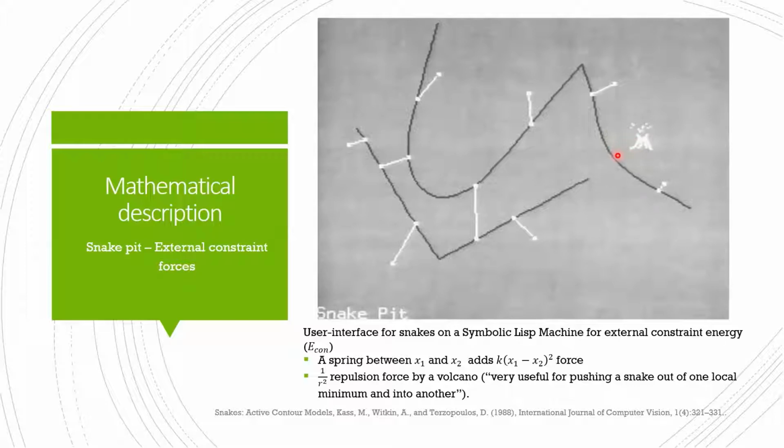These volcanoes are very useful for pushing a snake out of one local minimum into another. Sometimes while minimizing the energy, the snakes get stuck in one local minimum that is not global. So we can put a volcano to move it out of that minimum and continue minimizing the energy.